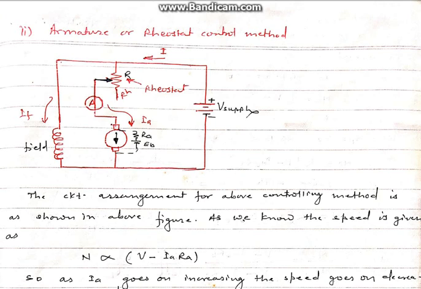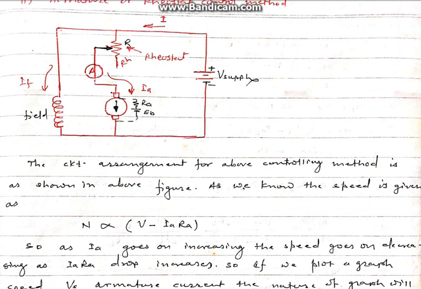As you change the armature current, that changes the drop taking place across the armature resistance. So if you increase the resistance, that decreases the armature current, and that decreases the drop across the armature resistance, and that increases the speed, and vice versa.